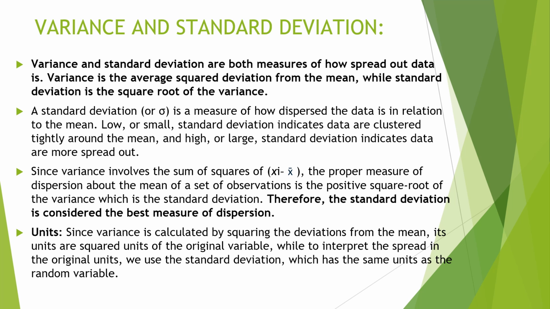It will be in units of centimeter square. Original data height is given in centimeter, but we are getting the variance in centimeter square, so it will not represent the actual data. But if I take the square root of variance, I will get standard deviation, which will be in the actual units of the data, centimeter. That means your standard deviation will have the same units as your random variable. So it is considered the best measure of dispersion.